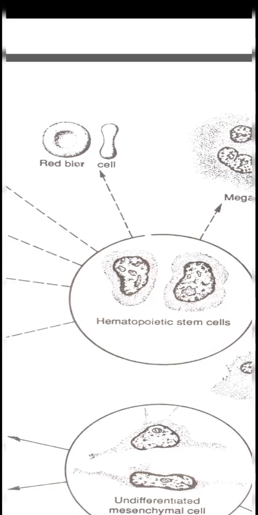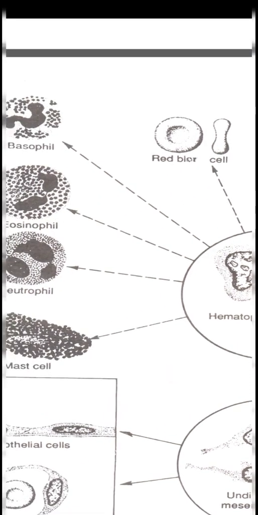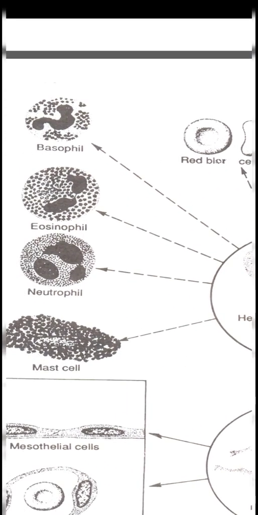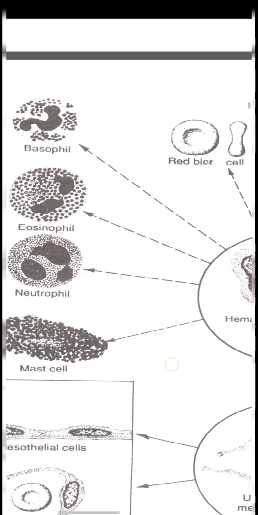For example, hematopoietic stem cell forms red blood cell, as well as other types such as basophils, eosinophils, neutrophils, which are types of white blood cells, and mast cells.